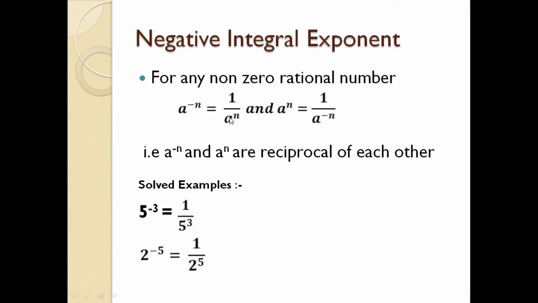Then a raised to n, and its reciprocal is 1 upon a raised to minus n. a raised to minus n and a raised to n are the reciprocals of each other. Then the solved examples: 5 raised to minus 3 is equal to 1 upon 5 raised to 3, and 2 raised to minus 5 is equal to 1 upon 2 raised to 5.